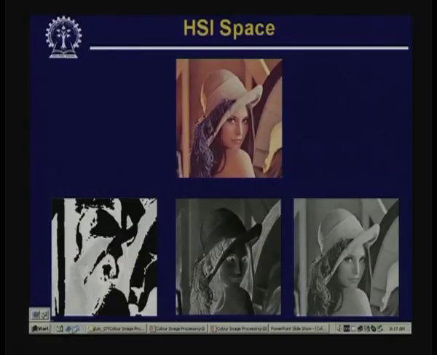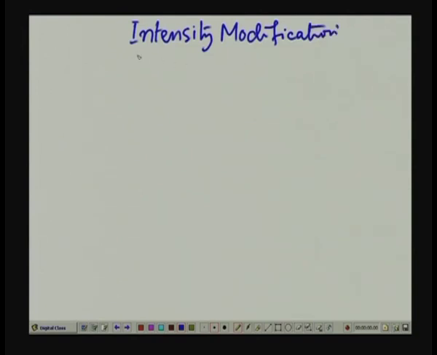Now, as we said, the first application that we are talking about is intensity modification. This intensity modification transformation is simply like this.